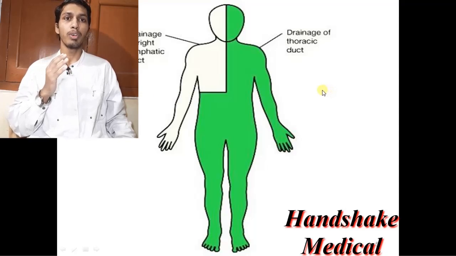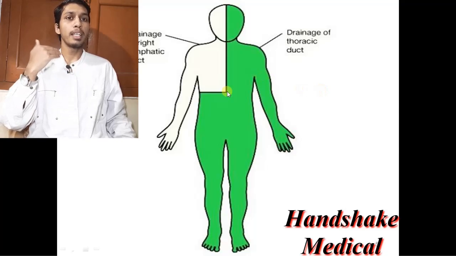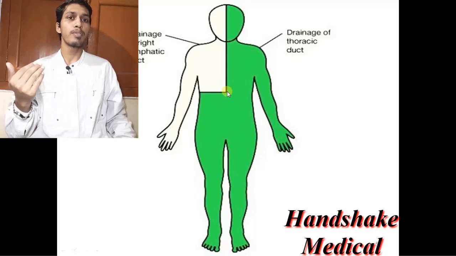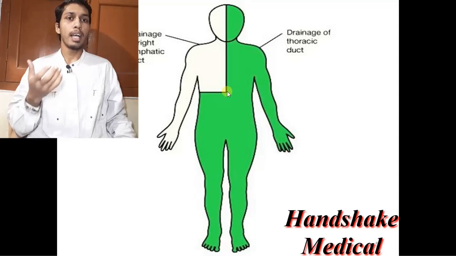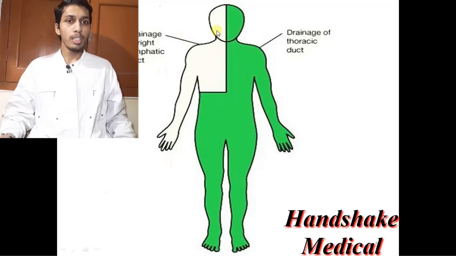Quad means four, so quarter or 1/4. Two quadrants present above the diaphragm, above the ribs, are the upper quadrants, and the quadrants present below the diaphragm or the ribs are the lower quadrants. So this one will be the right upper quadrant, left upper quadrant, right lower quadrant, left lower quadrant.